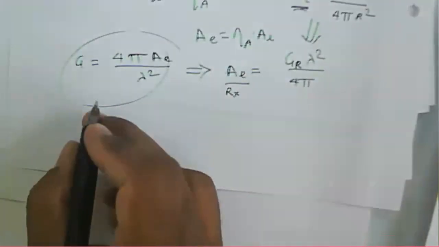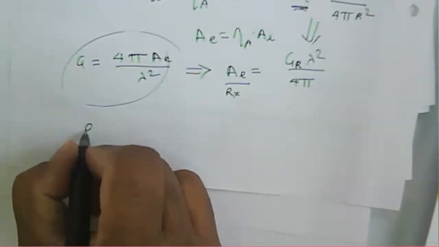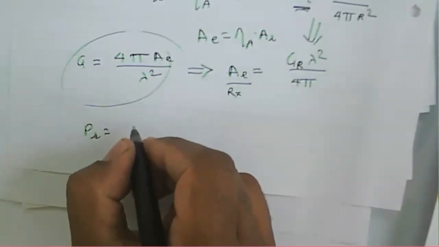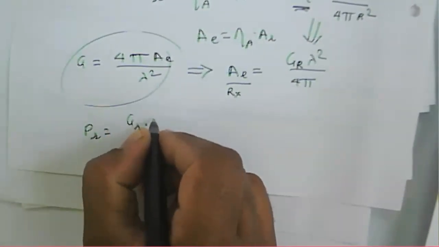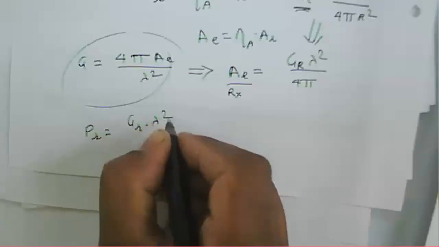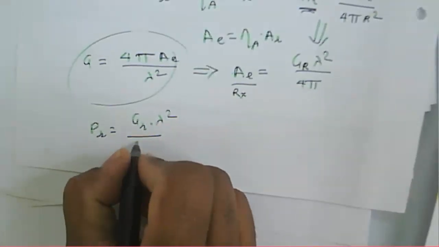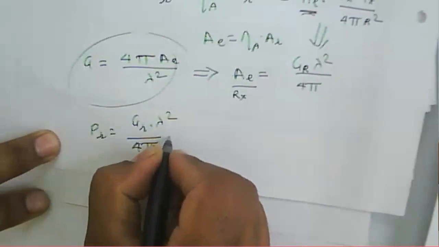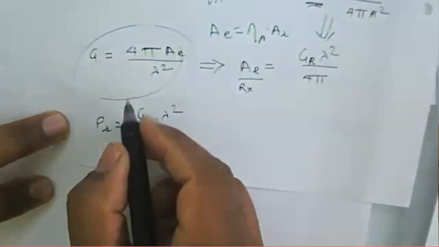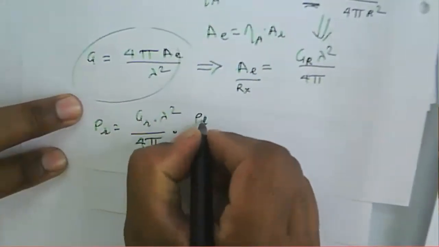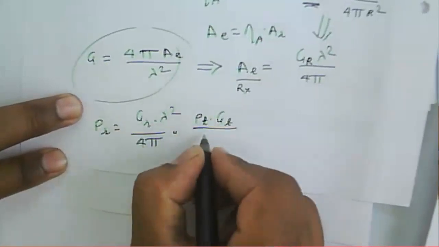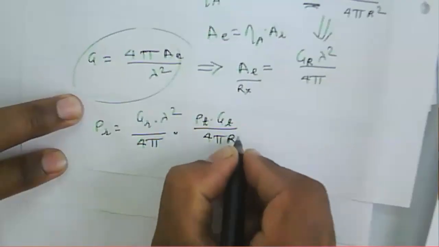Then we can calculate the power received, and that will be nothing but the received gain, then we have the lambda square, then we have the term 4 pi, and then PT GT by 4 pi r square.